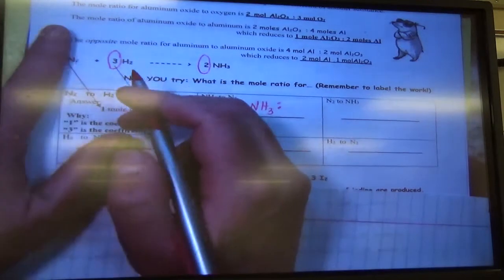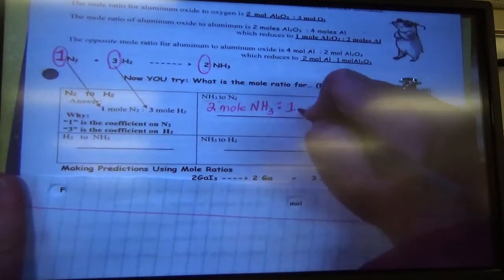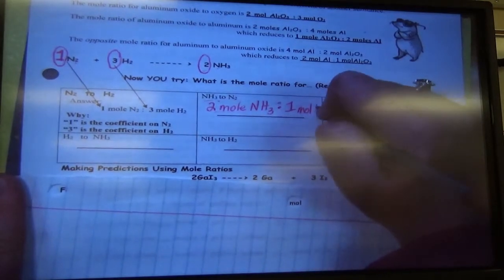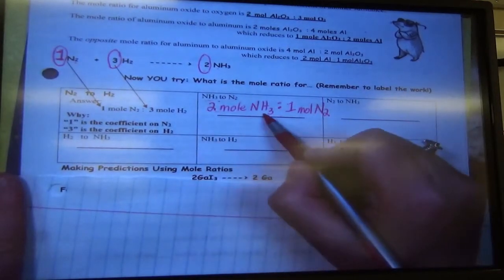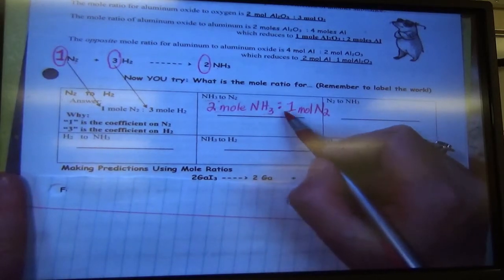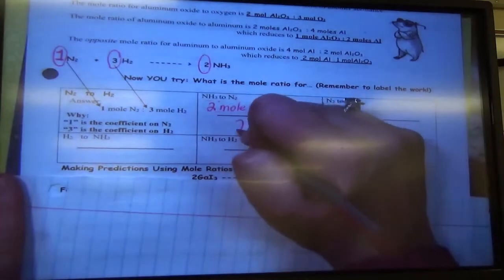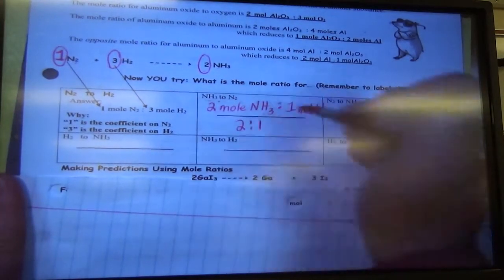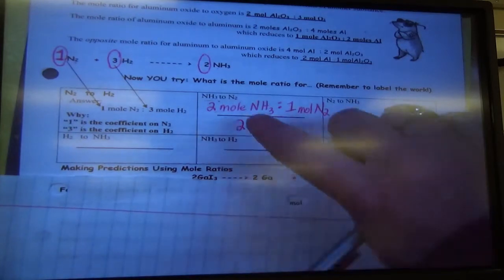Even though it's blank, we know it means 1. So 1 mole nitrogen. I'll read it again. For every 2 moles of ammonia, NH3, there is 1 mole of nitrogen. Some people would probably have you just answer 2 to 1. Both answers are the same, as long as the question is showing.